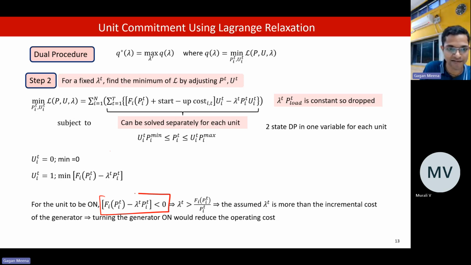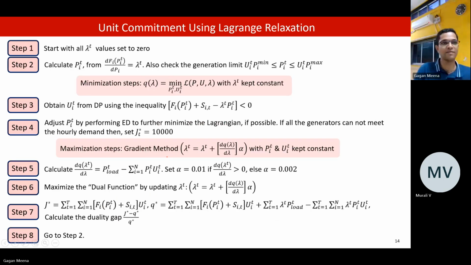This constant is saying the same thing: if it is less than zero, then the cheaper generator should be on. These are the same steps, and I think you would have gone through them in the lecture. Did you find any difficulty in this? No. Easy to understand? Yeah. Okay.